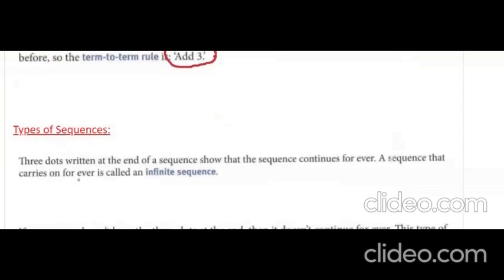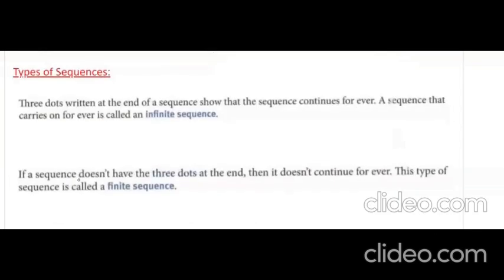Next we are going to talk about the types of sequences. There are two types: the infinite sequence and the finite sequence. What is an infinite sequence? We can write the sequence terms as 2, 4, 6, 8, dot, dot, dot.